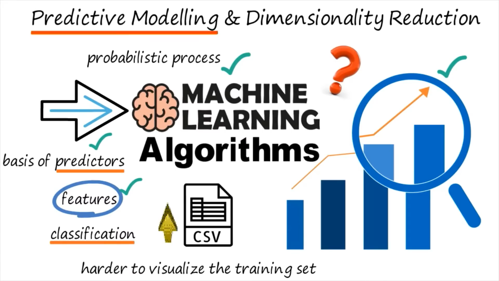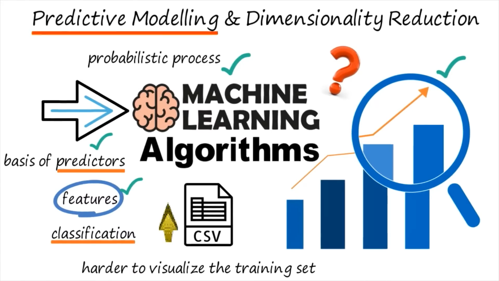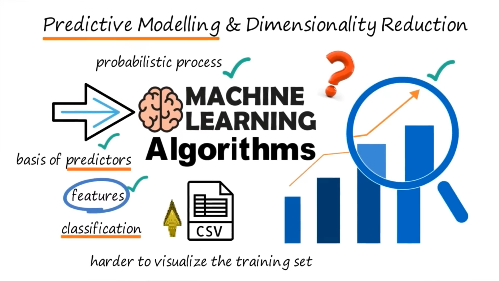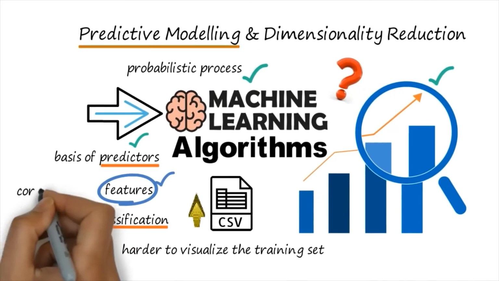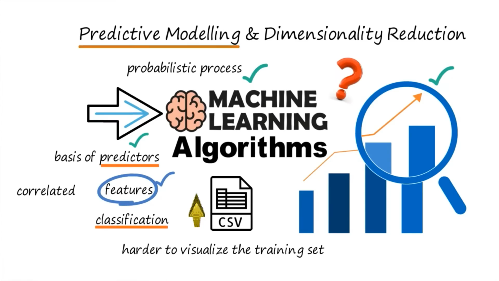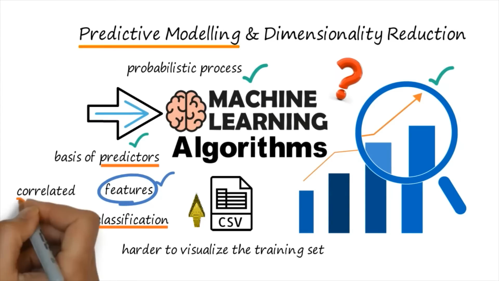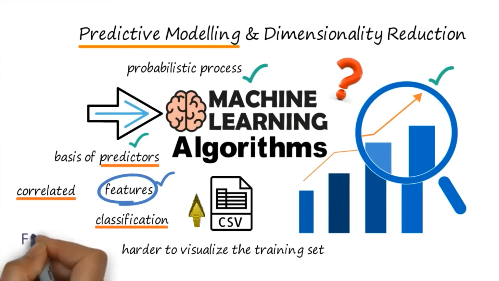Now you have to understand one point. Whenever I am talking about features, the next problem is that sometimes these features are correlated. Correlated means, if feature 1 and feature 2 are correlated to each other, then considering all the features which are correlated is known as redundant.